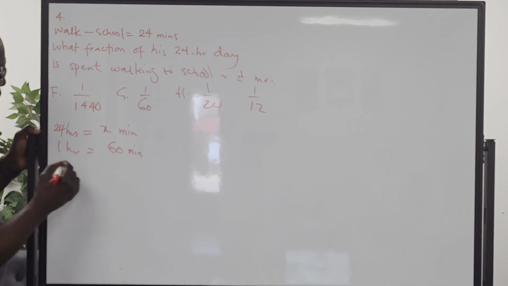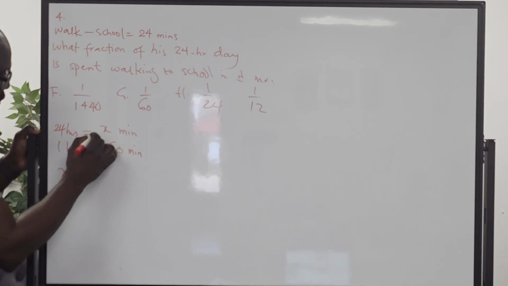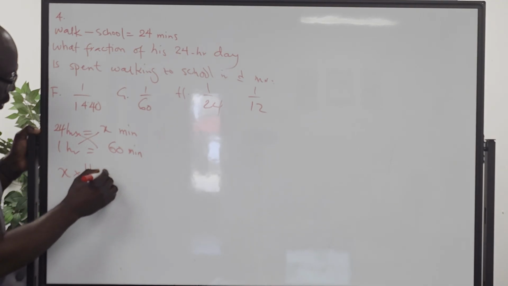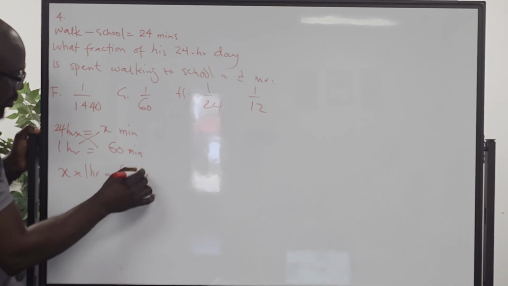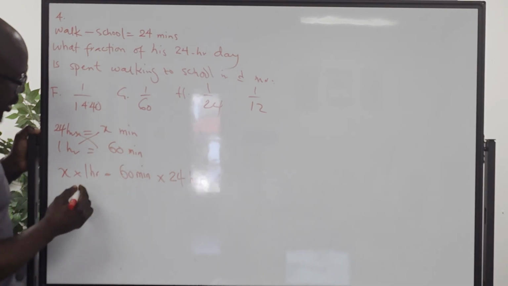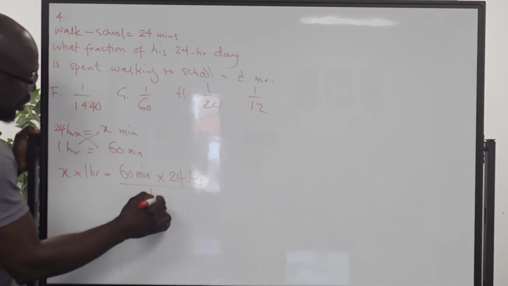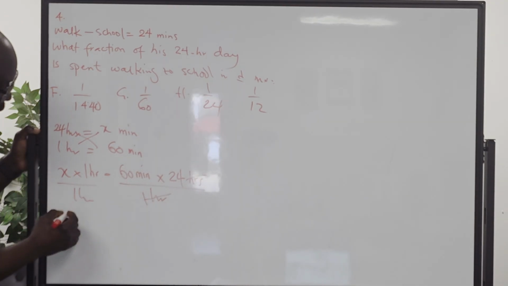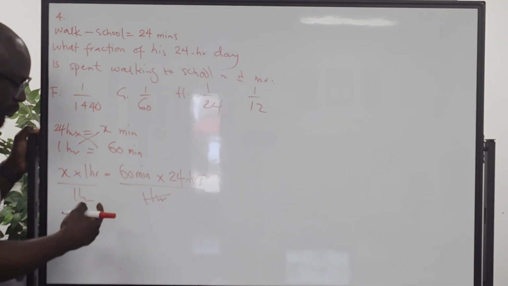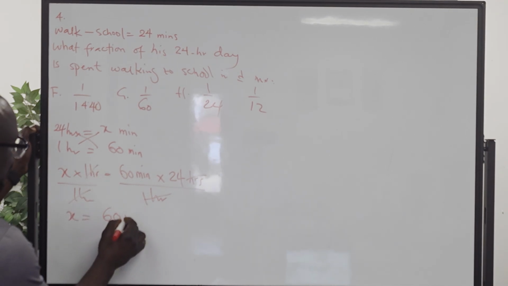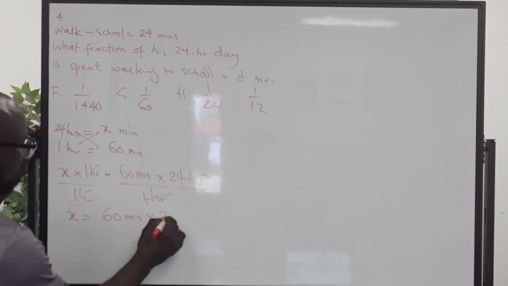So to find X, we do a cross multiply. That'll give us X times 1 hour is equal to 60 minutes times 24 hours divided by 1 hour. So that gives us X in minutes, 60 minutes times 24.